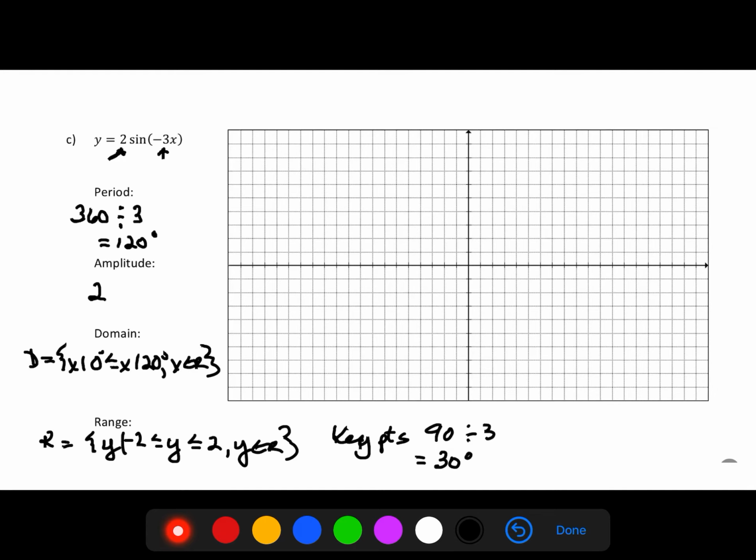And if we think about our key points, 90 divided by 3, again compressed by a factor of 3, means every 30 degrees we are going to have a key point. Again, we can move our y-axis over if we want, we don't have to.